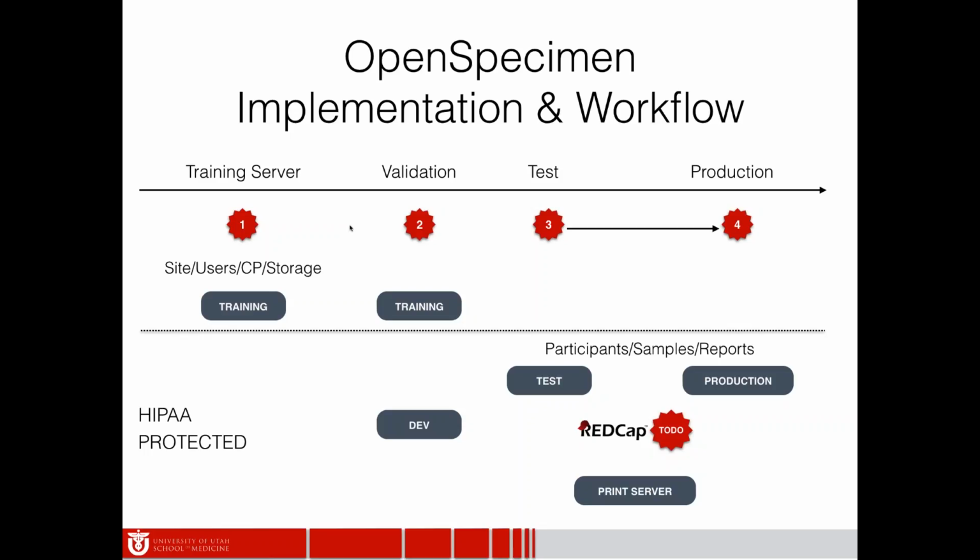So the implementation of the systems is pretty standard. We do have a training site, a server where the folks that are interested in using this set up an initial site, their users, the collection protocol, and their storage container, so they can kind of get a handle on how they're going to be arranging their workflows.